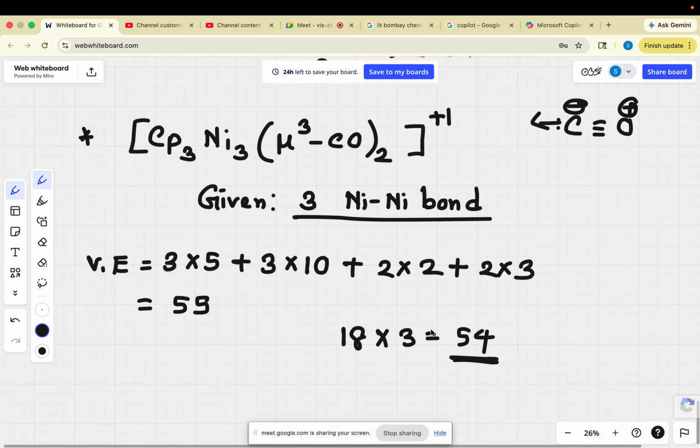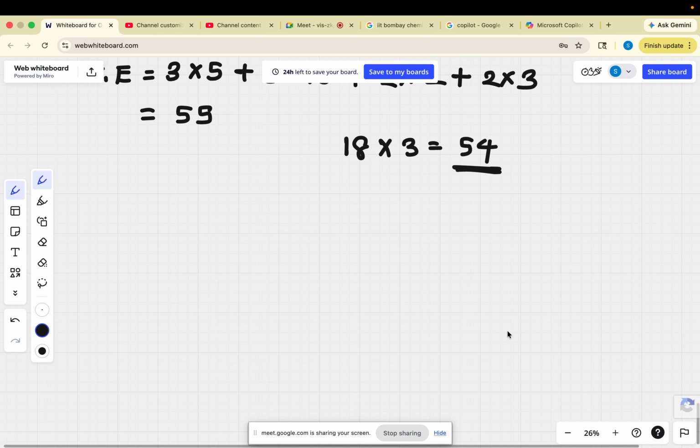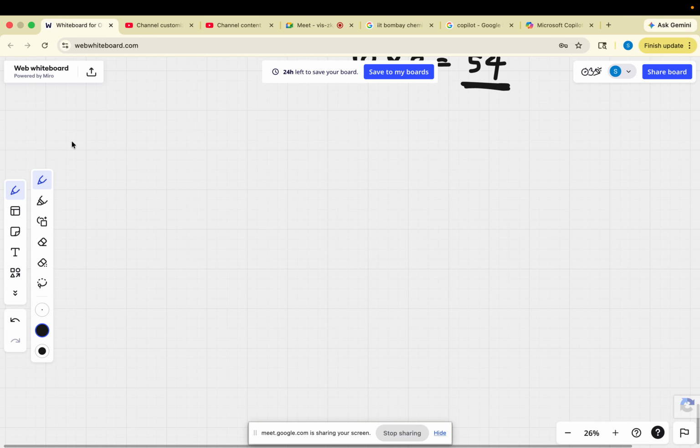If it is following the 18 electron rule, then only it is valid, otherwise you have to make it the opposite charge. Suppose here if you put minus 1 charge, it will become 56, not 54, so you have to make it plus, then only you will get 54. So similarly for this example you can try.